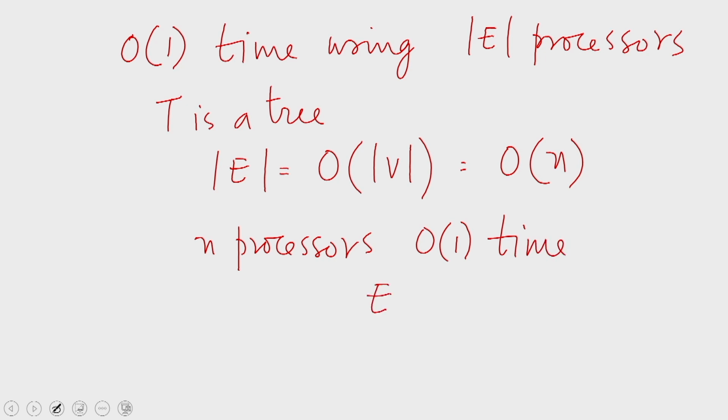On an EREW PRAM. This is because we haven't used concurrent reads or concurrent writes anywhere. So, the Euler circuit of the tree can be found in order of one time on an EREW PRAM. So, the Euler circuit is essentially a circular linked list made up of the adjacency list entries.